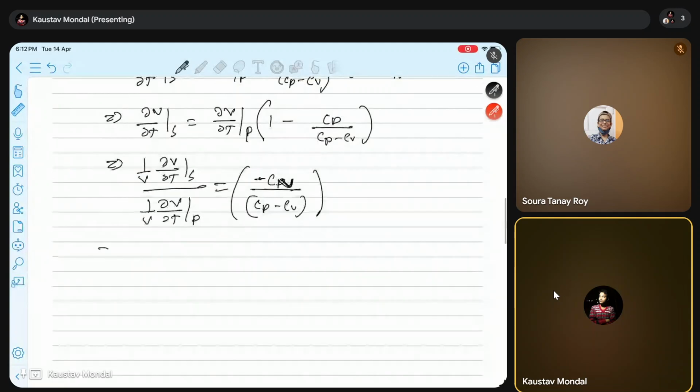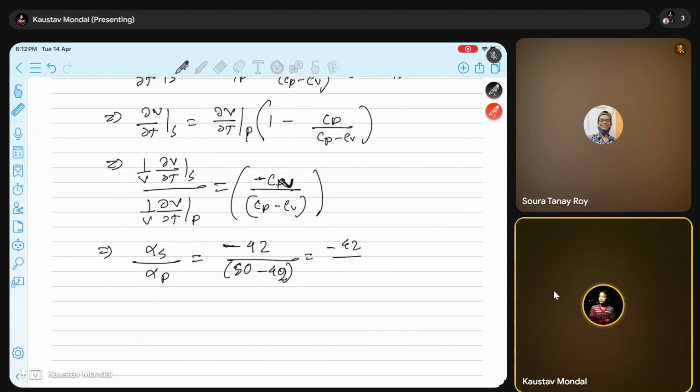So 1 by V del V/del T at constant S is alpha S, and 1 by V del V/del T at constant P is alpha P. So alpha S by alpha P will be equal to minus Cv by (Cp minus Cv). Cv we know is 42, Cp we know is 50, so it will become minus 42 by 8, that is 5.2.